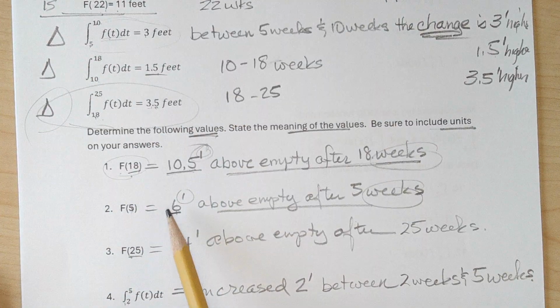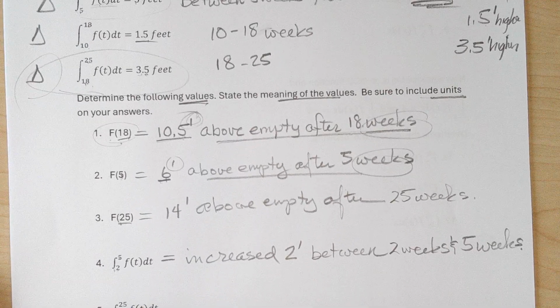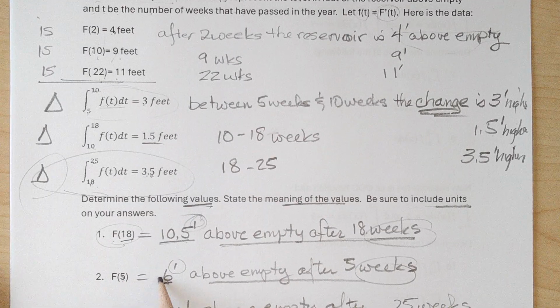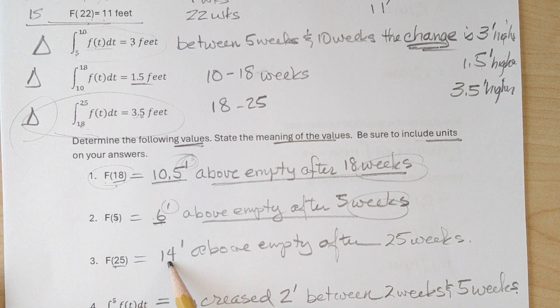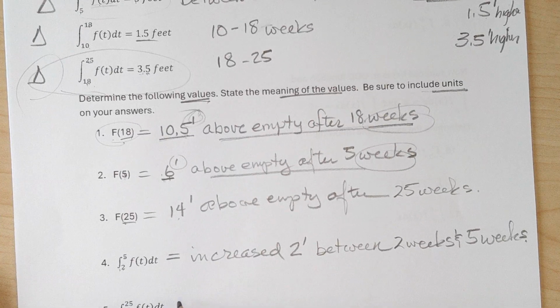That's 2 feet more. How much did it change between 5 and 25? Well, 5 we figured out as 6. 25 we figured out as 14. 6 to 14 is 8.